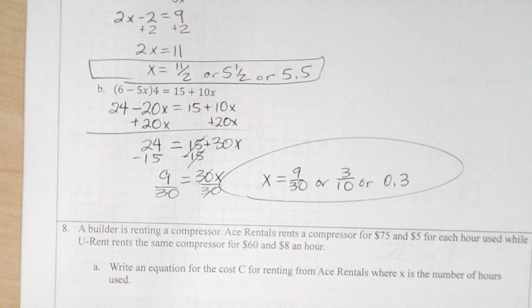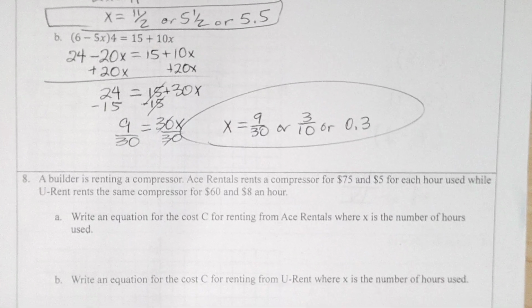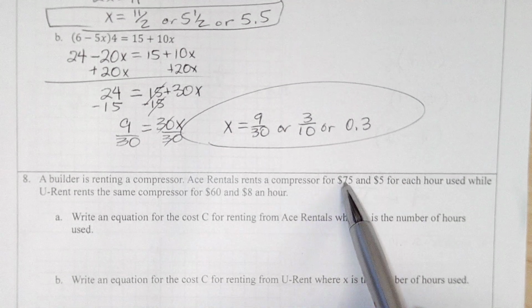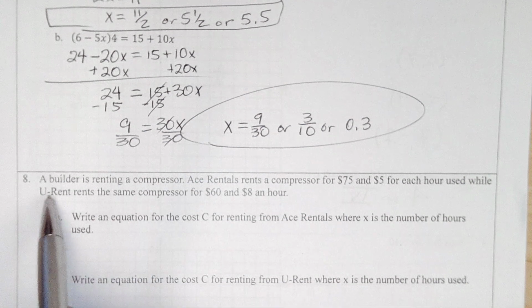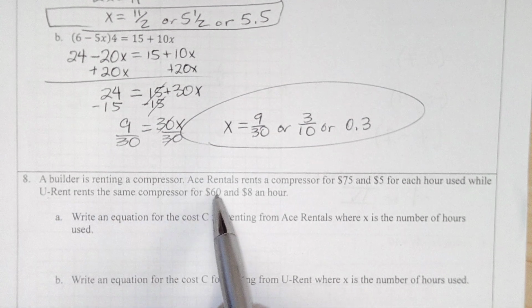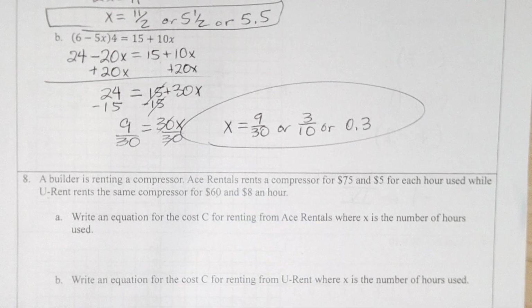Okay, next one. A builder is renting a compressor, and Ace Rentals wants to charge $75 and $5 for each hour it's used, while URent rents the same compressor for $60 and $8 an hour.